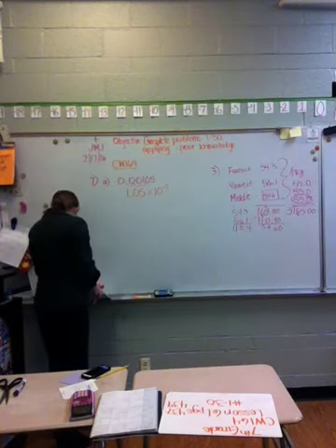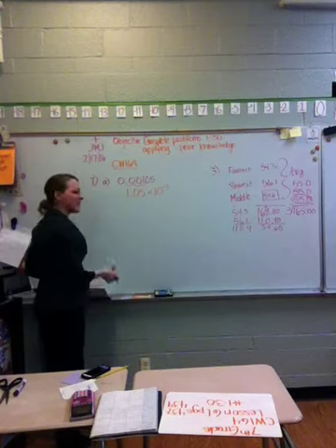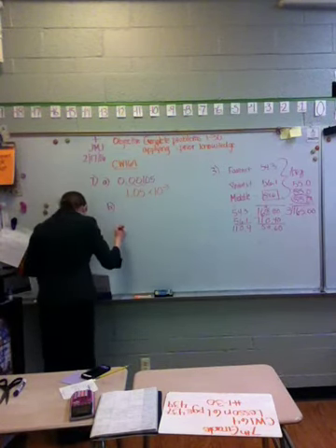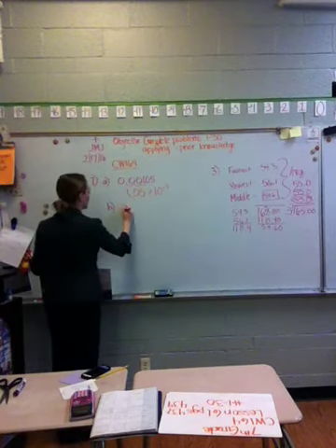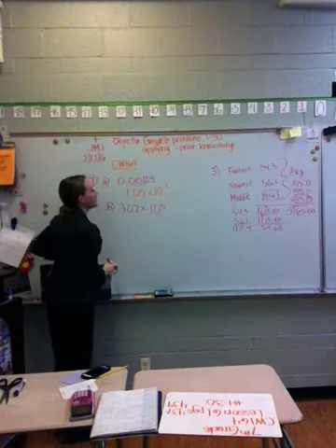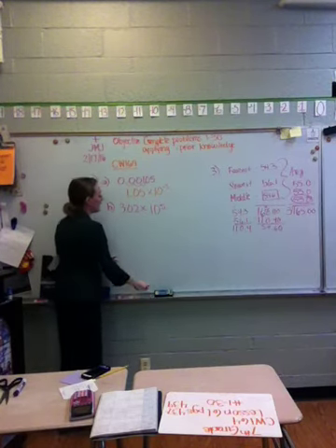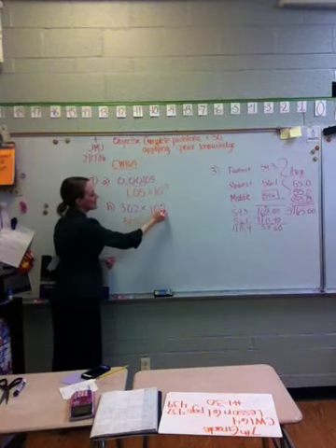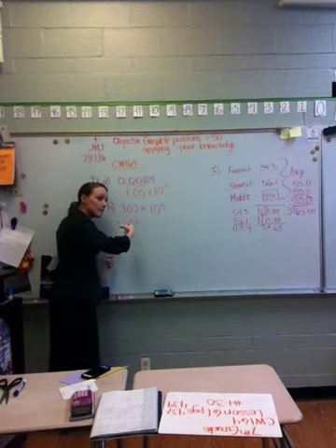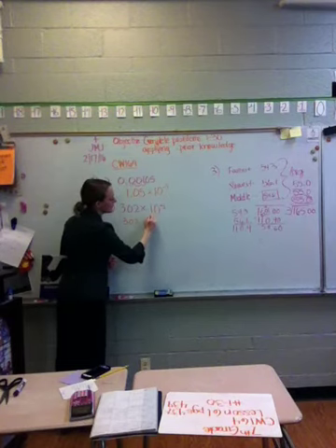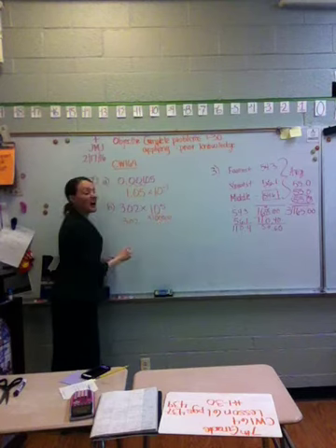If you need a refresher on that, go ahead and look back in the lesson numbers that are listed next to number 7. All right, letter B. We have write 3.02 times 10 to the 5th in standard form. All right, well, not a problem. We're going to take 3.02, and this is positive, so I'm multiplying by 1 with 5 zeros, so it's the same as multiplying by 1 with 1, 2, 3, 4, 5 zeros, by 100,000.